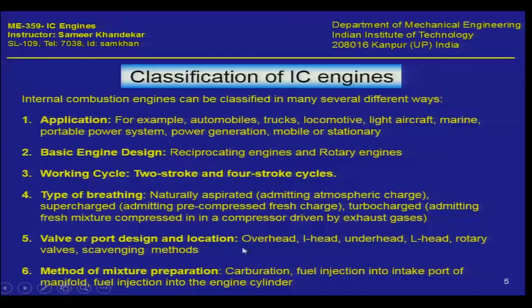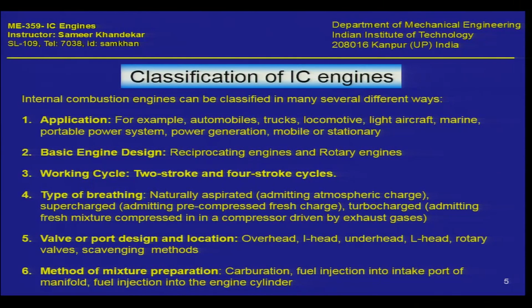The valve or port design, for example, there are several ways you can see how the valves are located. I will give you in another lecture several photographs so that you can appreciate what is an overhead valve engine, what is an I head engine, what is an underhead engine, what is an L head engine, or what are rotary valve systems, or what are the different scavenging methods. Another new word, scavenging, that means how do you push out the exhaust gas.